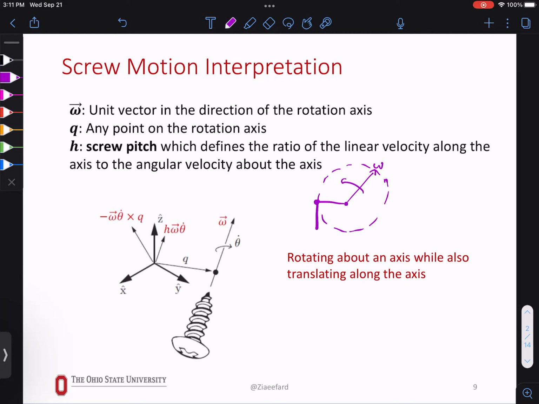It's not always the y-axis, but it would be in a negative direction in one of your axes. So this would be v. This v is the negative omega theta dot, your angular velocity, cross product of your q, which will be simplified as distance times the angular velocity. So we have that, that's fine.